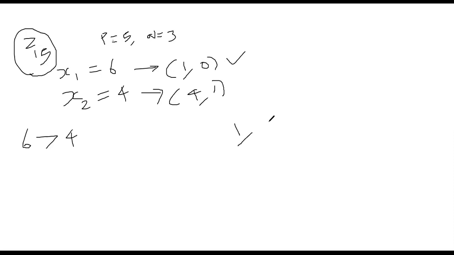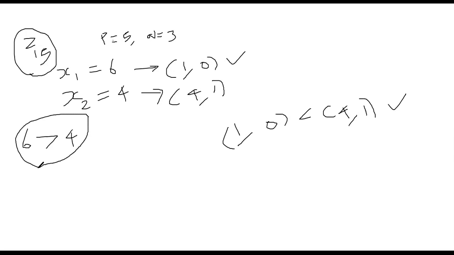If you define less than as comparing the individual components, this is true: 1 is less than 4, 0 is less than 1. But on the original set Z15, actually 6 is greater than 4. So we cannot do a less than, greater than, equal to kind of operation, unfortunately.